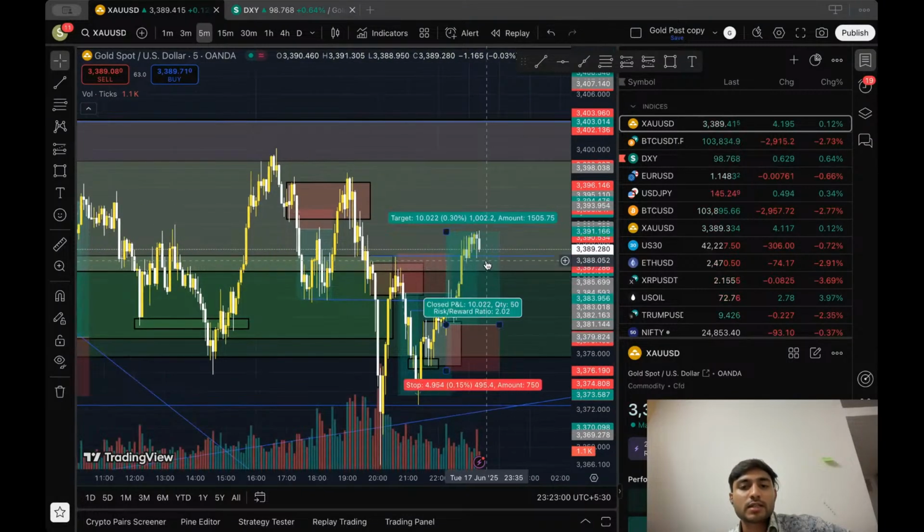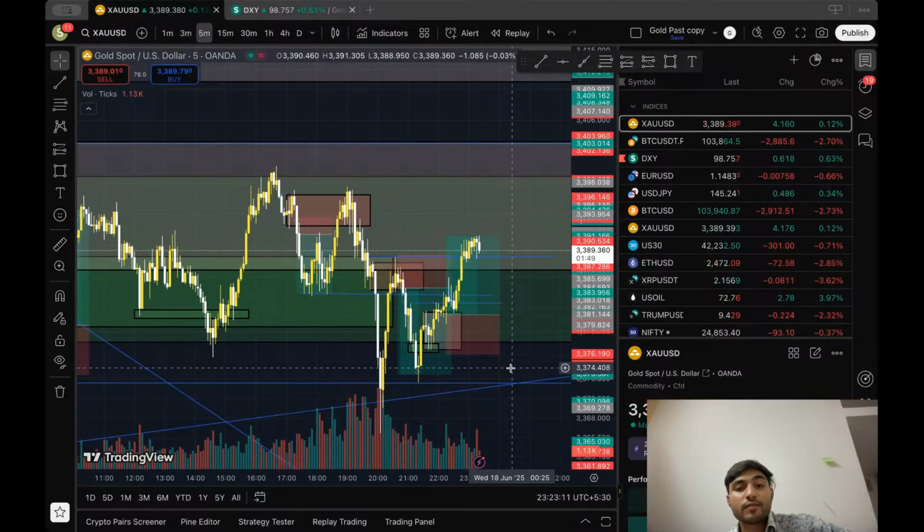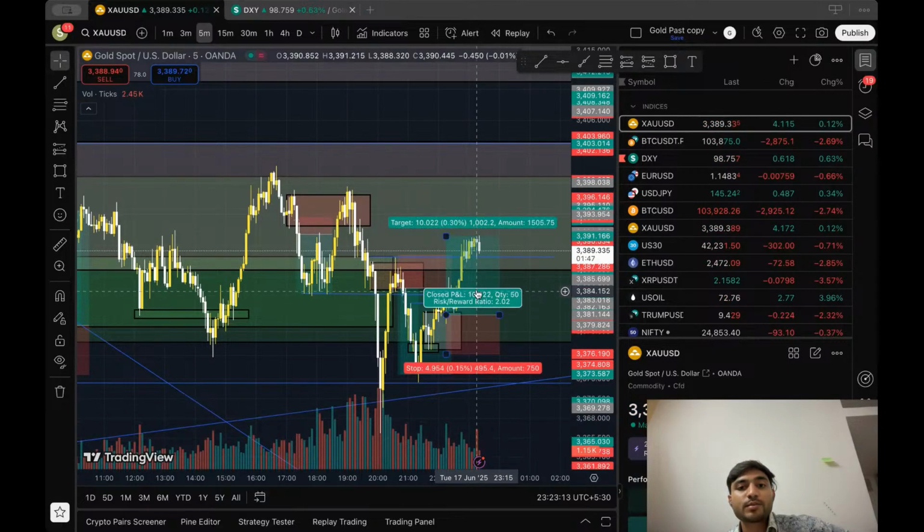So see this reaction, the change of character reaction almost gave us 30 pips. So if that is giving 30 pips in 15 minutes, and on 5 minutes it's giving 30 pips, let's say on one day how much will it give? 5 minutes is what part of one day?